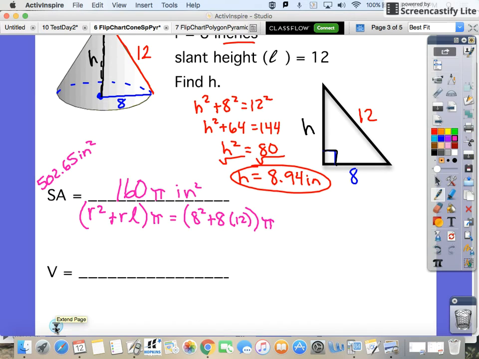And then the last part is volume. So to calculate the volume, we decided to change the formula to 1/3 r squared times h times pi. So for us, that would be 1/3 times r squared. R is 8 times the height is 8.94, and then pi on the end.